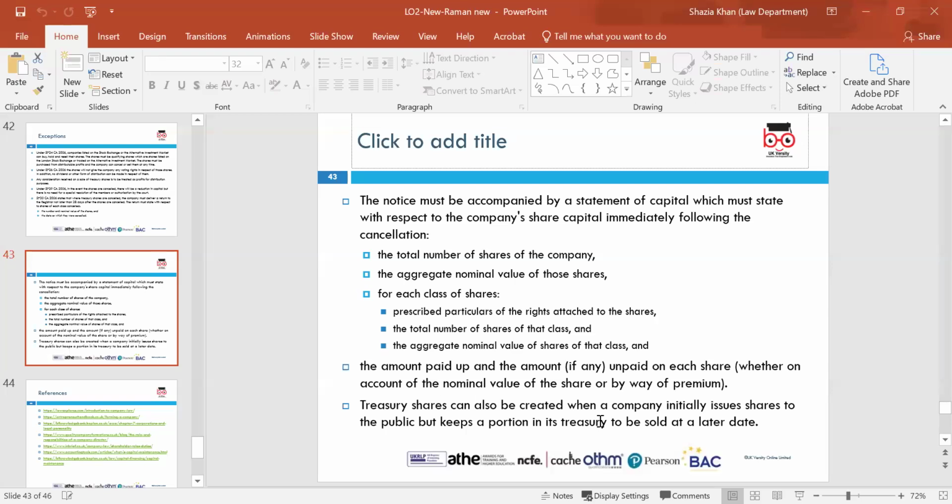And treasury shares can also be created when a company initially issues shares. The treasury shares can be created when a company actually issues shares to the public, but keeps a portion in its treasury to be sold at a later date.